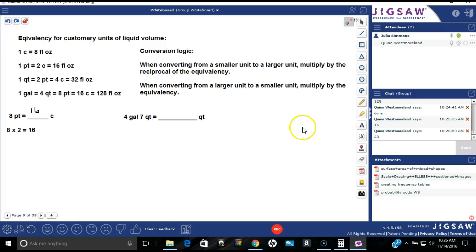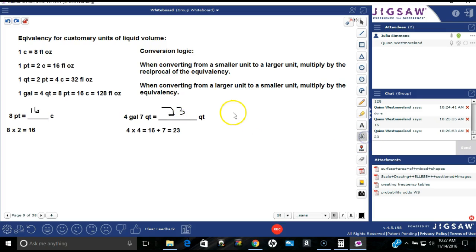All right, so let's take a look at that. So first we have to take our gallons and convert it to quarts. The logic states larger to smaller, so we're just going to multiply that 4 by the equivalency. We know that there are 4 quarts in a gallon, so 4 times 4 is equal to 16. And then we're going to take the quarts that we already have of 7 and add it to that, and that gives us 23 quarts. So very good, 23.